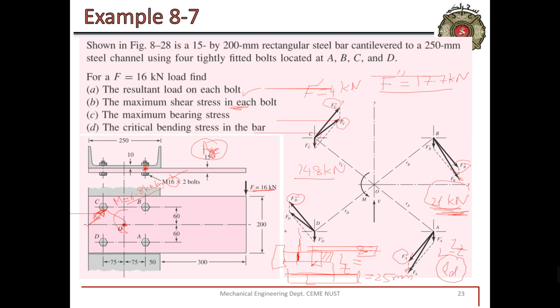This is 15 mm and the length of the unthreaded portion is only 8 mm. It means that the thread starts from here. In other words, at this point we have a threaded section. So we have to use AR from the table, and force divided by AR will give us the shear stress. That will give us the shear stress on each bolt.